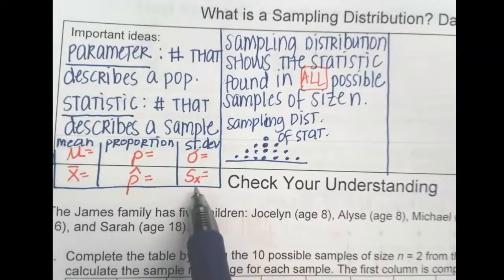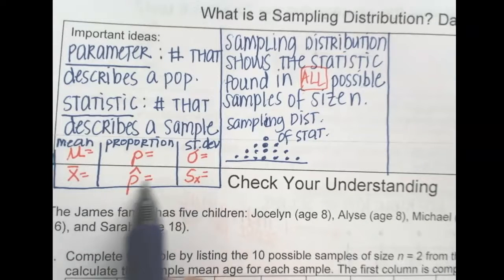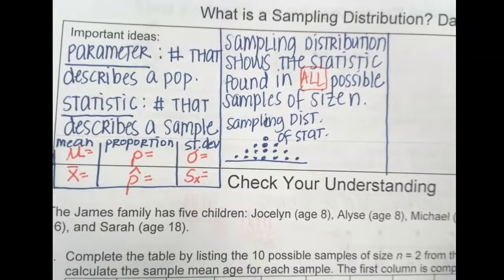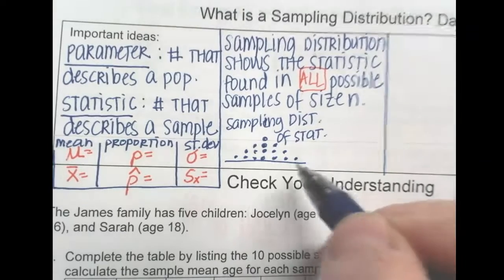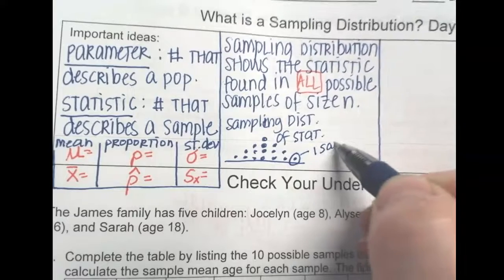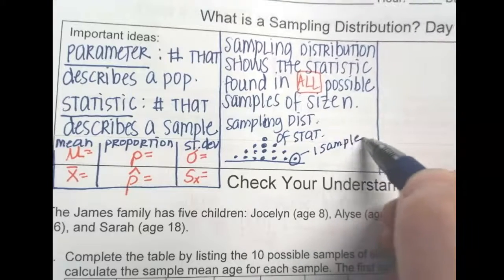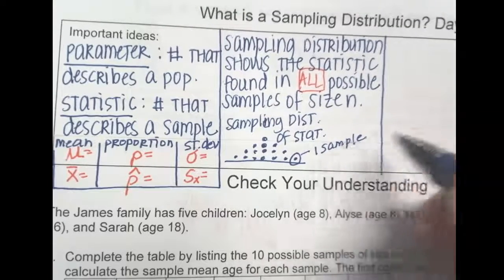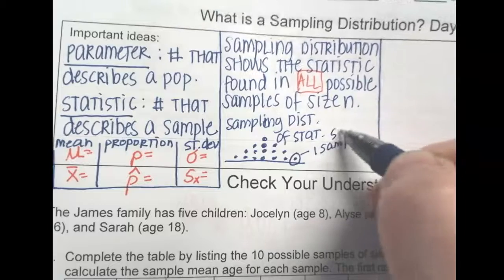You could also do standard deviation, but it would be one of these 3 things for the most part. And remember, an individual point will represent one sample, and it's the statistic from one sample.